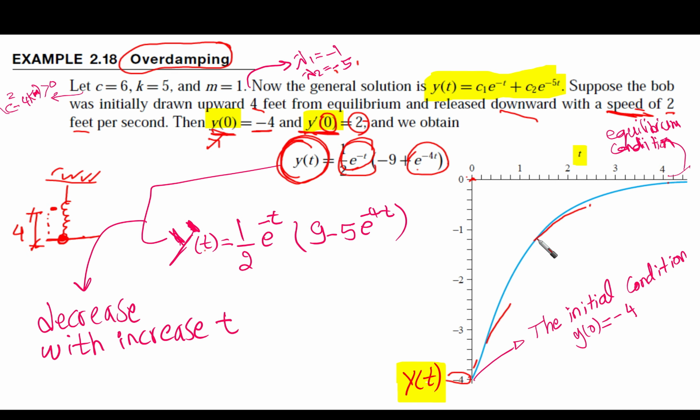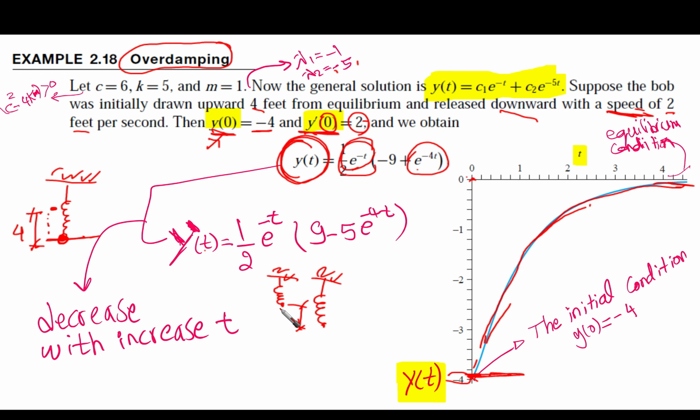So this is the meaning of overdamping, that our motion goes from minus 4, which is the initial condition, and decays until it reaches the equilibrium. Actually, this is what will happen here: when we have the system, and we move it upward, the difference is minus 4, and we leave it.